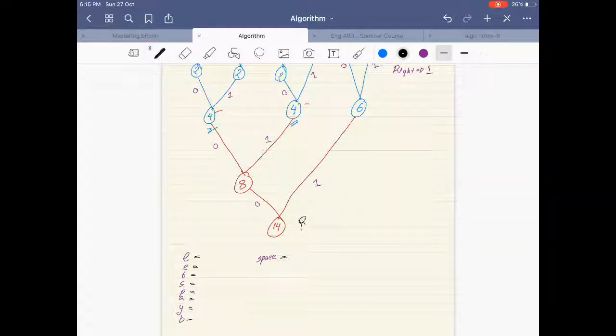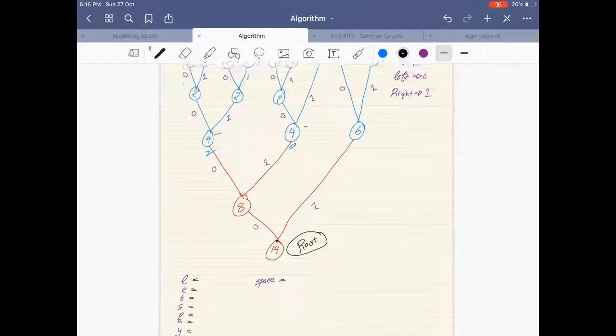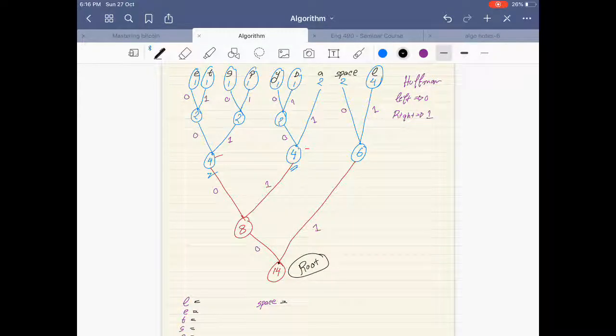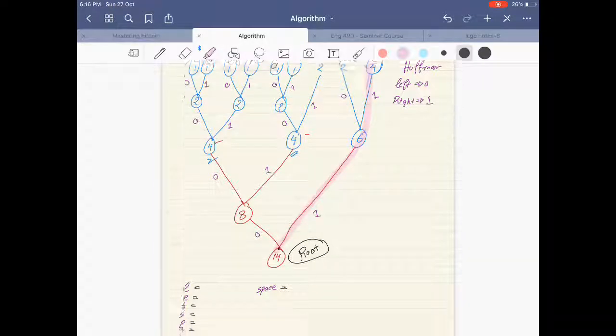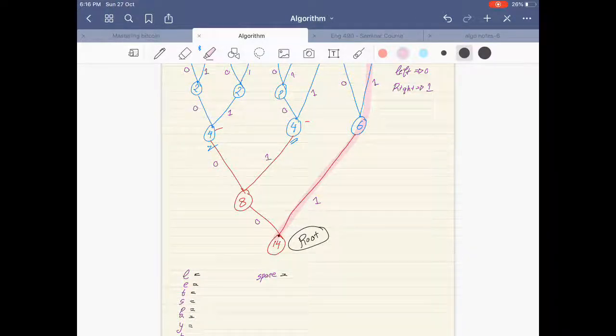So this is the root, right? This is where everything starts from, so we have to start from here and go to that particular character. So for L we have to start from here and go to here, so 1 and another 1, so it would be represented by 1 and 1.